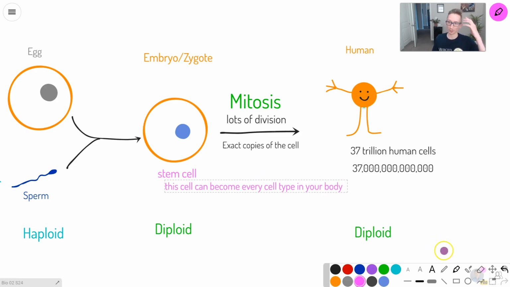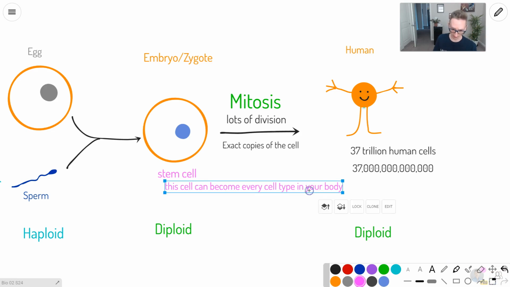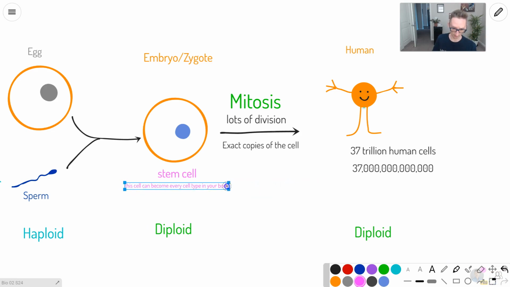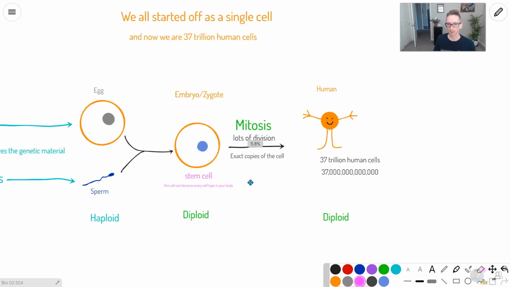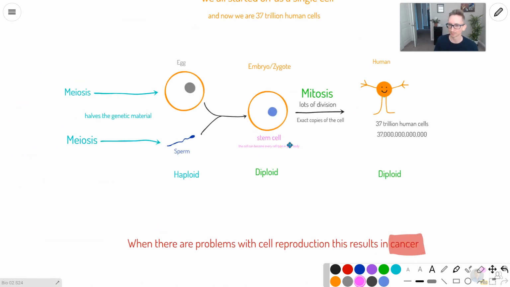It could become your brain, your skin, all that stuff. We're going to go into details of all that next week. Stem cells and cancerous cells are very closely related because they have problems or modifications or answers to different parts of the cell cycle.